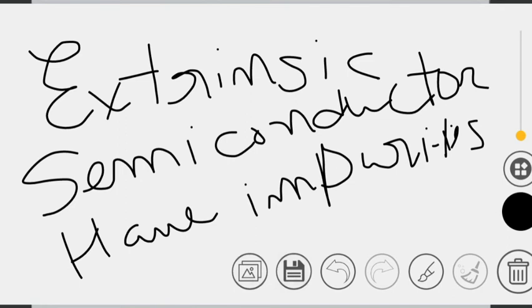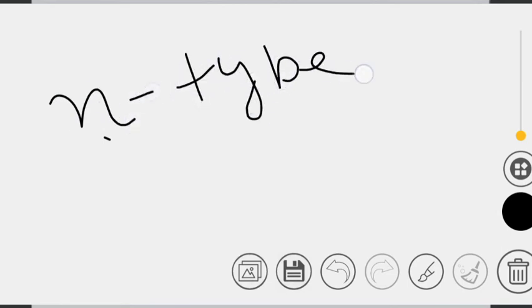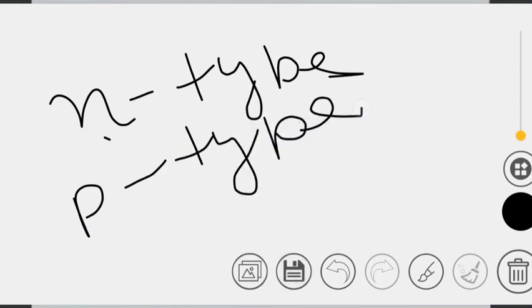Clear? The extrinsic semiconductor will be divided into two parts. One is N type, another is P type. Clear?